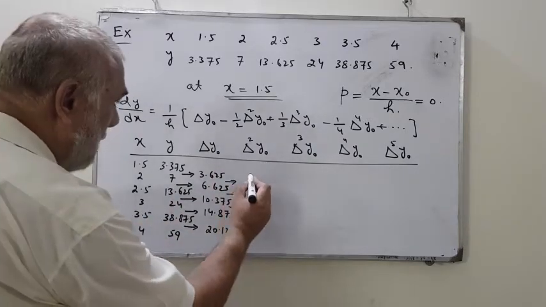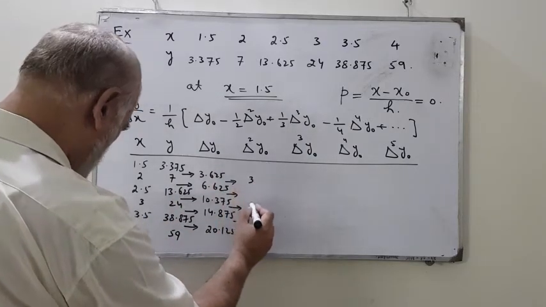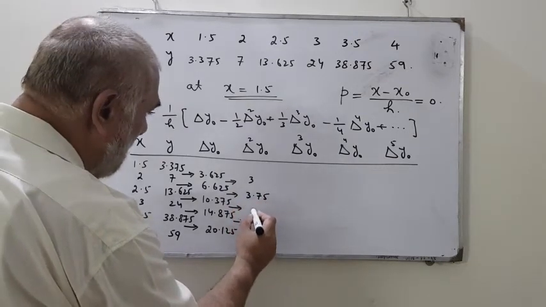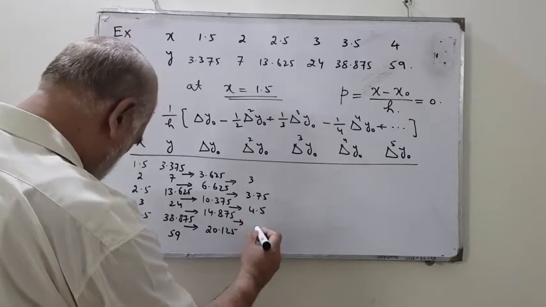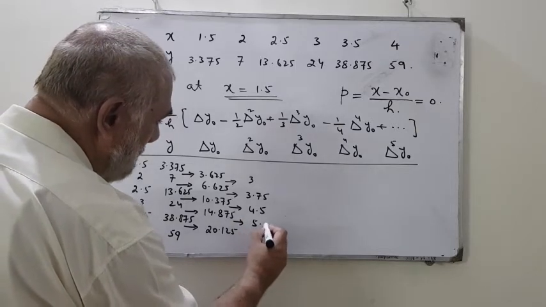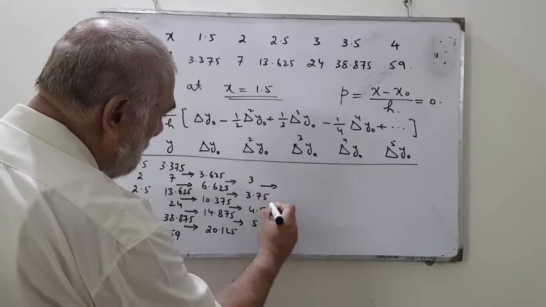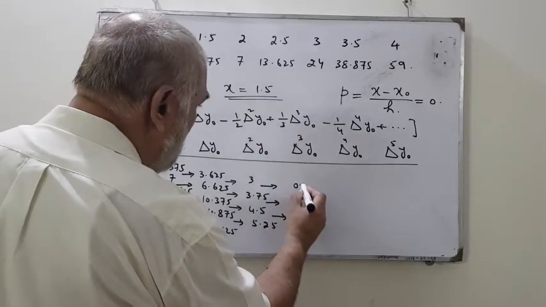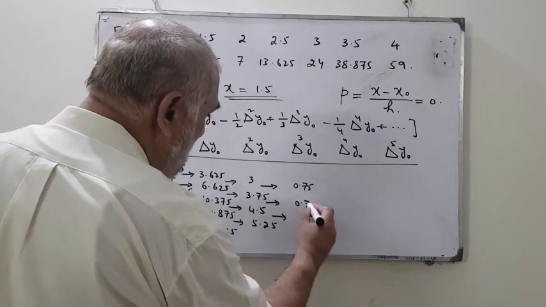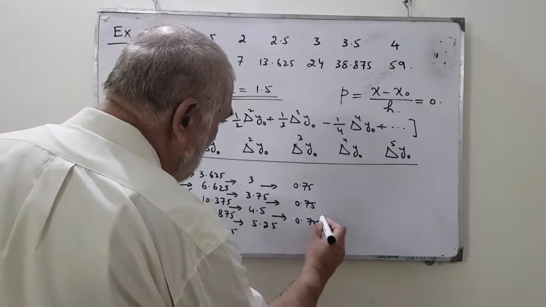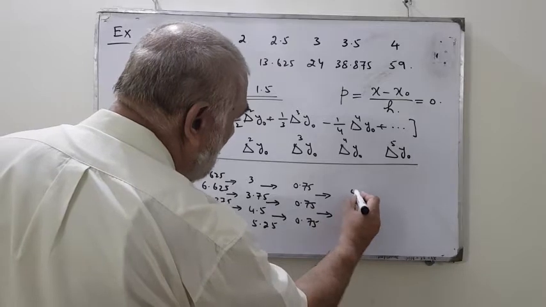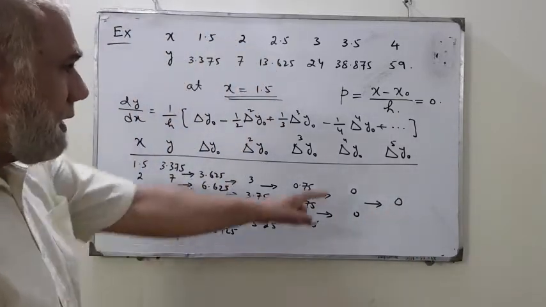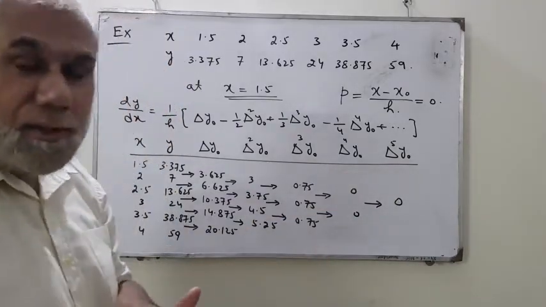So here we get 3, 3.75, 4.5 and 5.25. The next order differences will be 0.75, 0.75, 0.75, and the remaining will all be 0. So this makes it a bit easier for you. The fourth and the fifth order differences are 0.